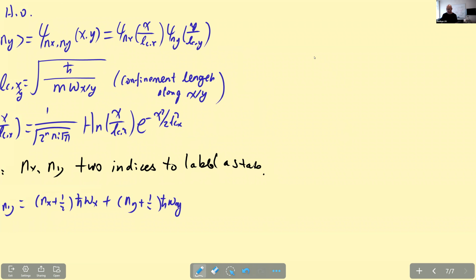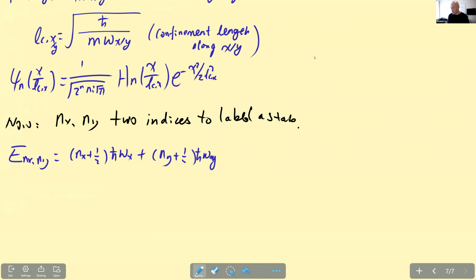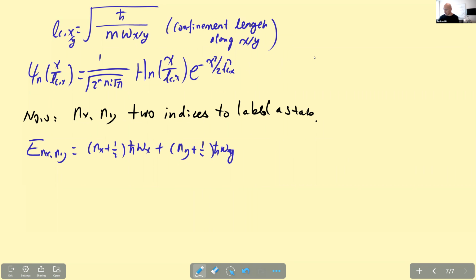Right. So for this energy, you can plot it. So this is n_x, and this is n_y. So this equals 0, 1, 2, 3, 4, and 1, 2, 3, 4. So you have energy right here. This is a state, this is a state, and this is a state.